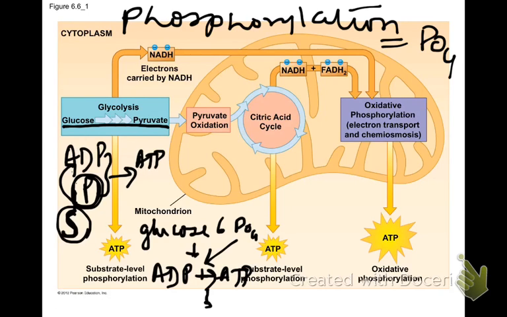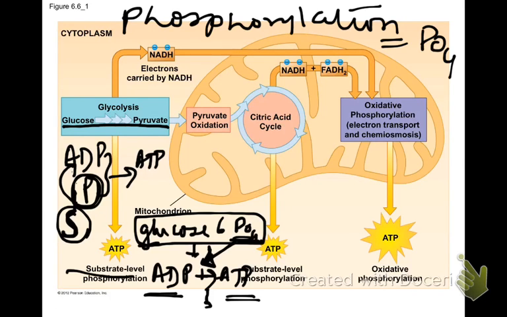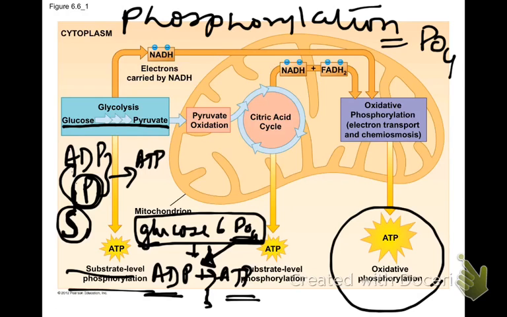Now this process wherein a substrate with a phosphate group is able to donate its phosphate group to an ADP and make ATP is called substrate level phosphorylation. You would see this in glycolysis and in citric acid cycle. On the other hand, you have another mode of forming ATP called the oxidative phosphorylation, which I explained in the slide before.